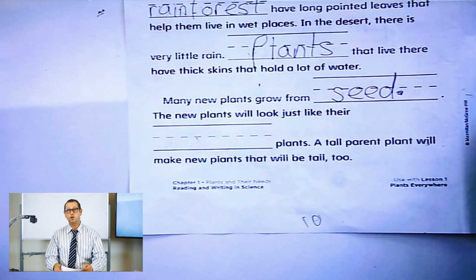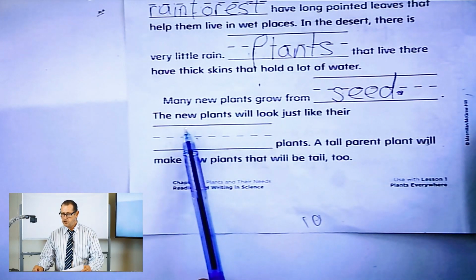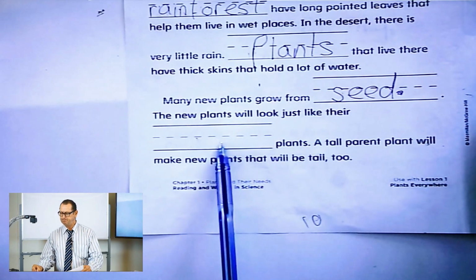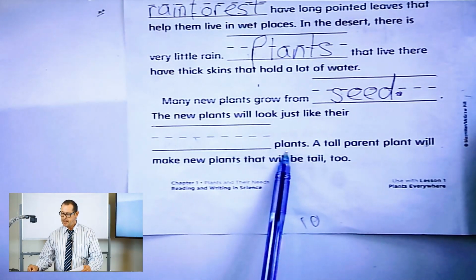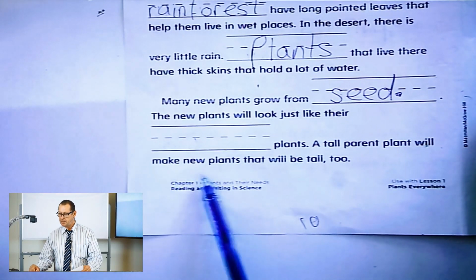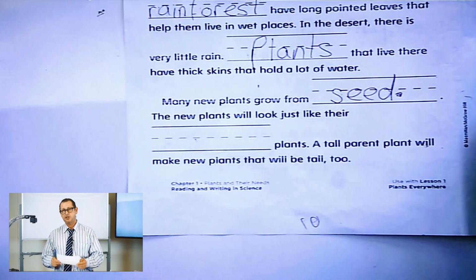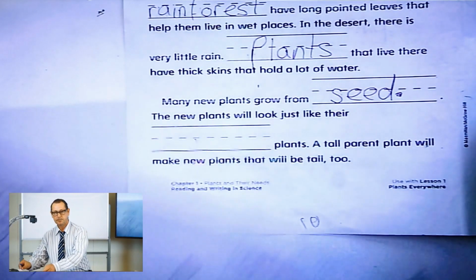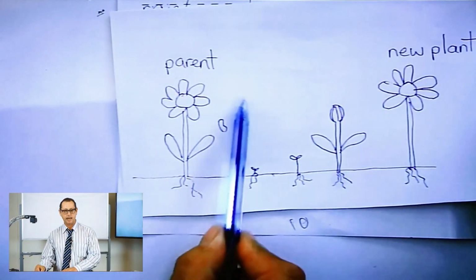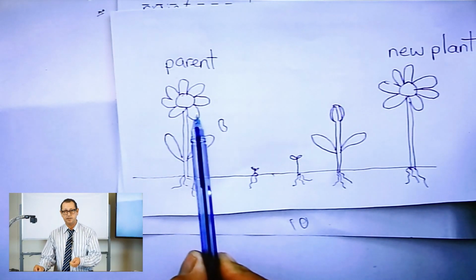Okay, and if we take a look at the last question, it says, the new plant will look just like their parent. A tall parent plant will make new plants that will be tall too. So if I show you a little picture, here we go. So we have a parent plant and it gets nice and big and then it makes seeds.